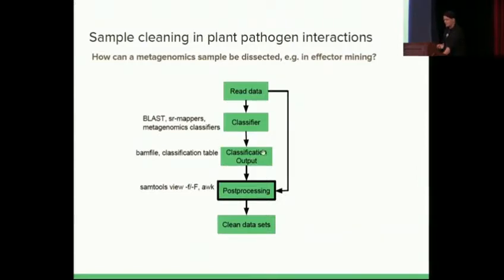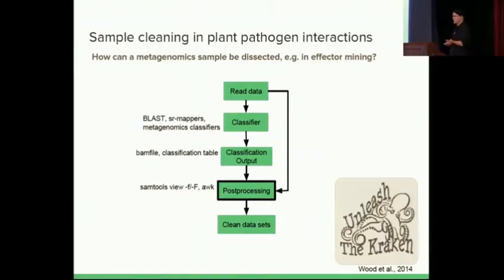Then we have the output, we do some post-processing with that, and then we have to somehow get all the reads which have been classified as pathogen, or also the unidentified ones, because we don't know to which they belong, and call these our clean data sets. So what we're using is Kraken, as Daniel just explained. Thank you very much, because I don't like to explain how it works.